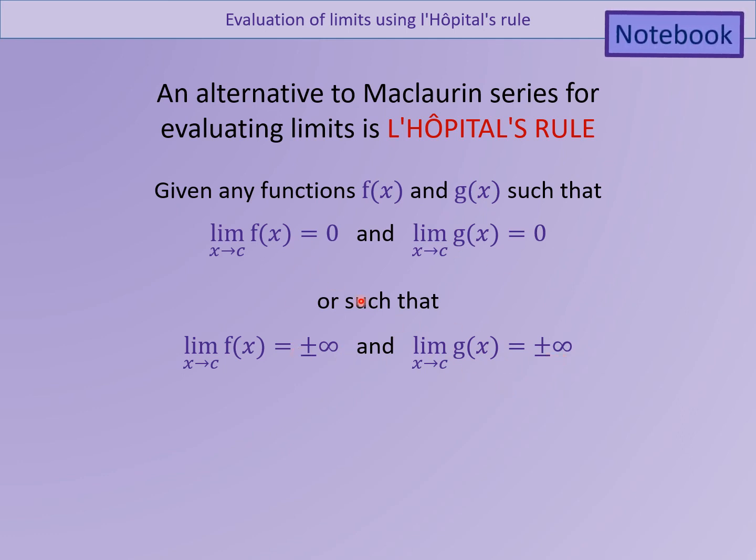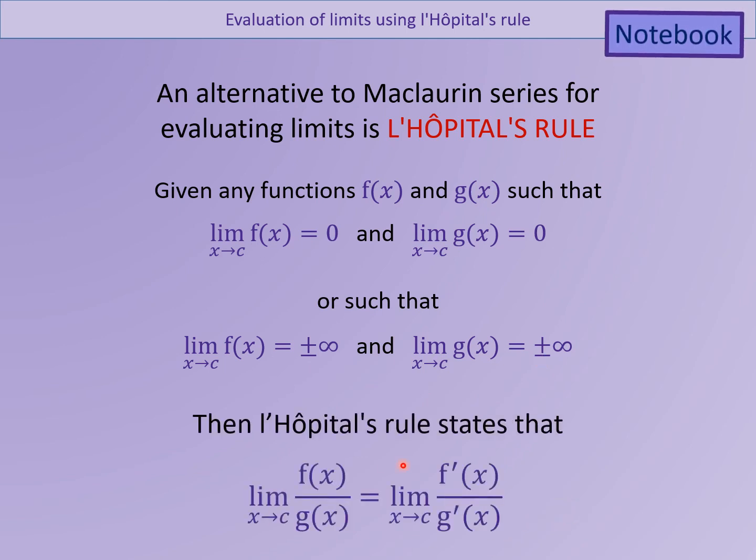So if that is the situation, not a mixture, you can't have one tend towards 0 and the other tend towards infinity, it has to be the same, both tend towards 0 or both tend towards infinity, then this statement is true, that the limit of that function equals the limit of this one.